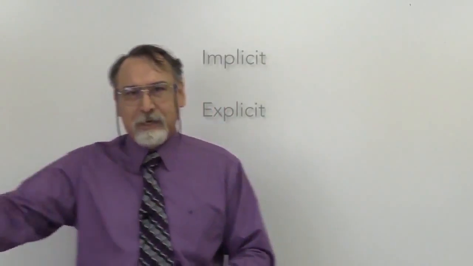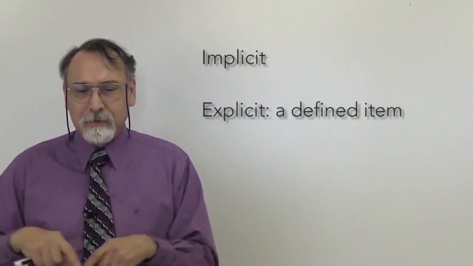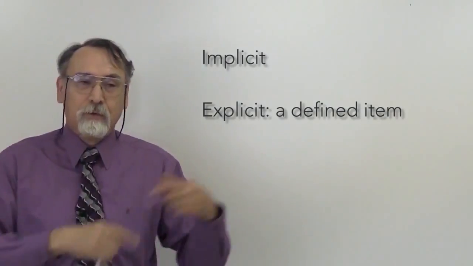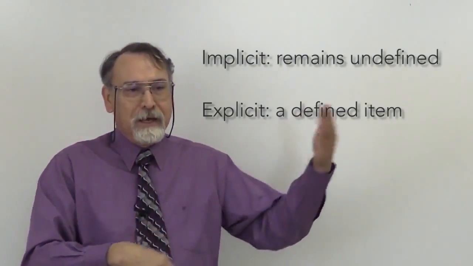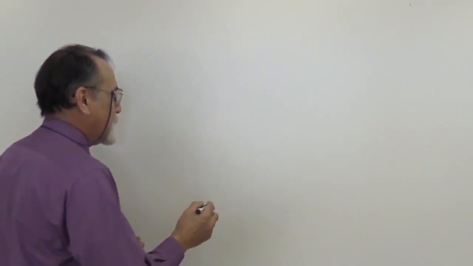You cannot call that item. So it's not like a stored program that you have to call and use. So there are what they call implicit cursors and explicit cursors. One is a defined item that you can give a name to and use. The other one is not defined, and it's like an anonymous item that you use without giving it a name.